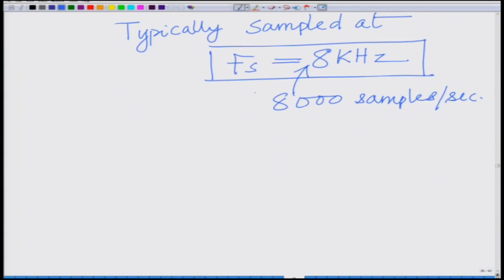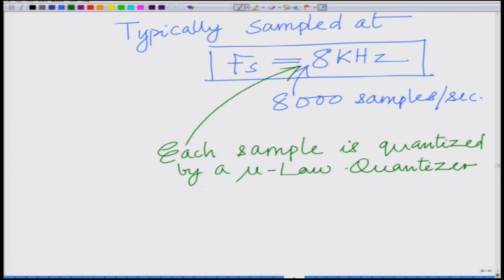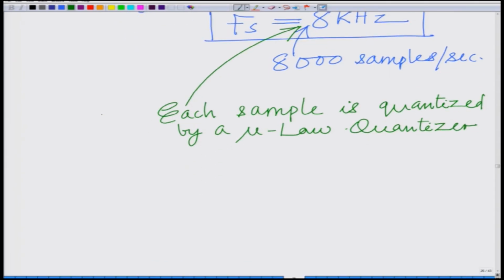So, what do we have? Each sample is quantized by a mu law quantizer using 8 bits.